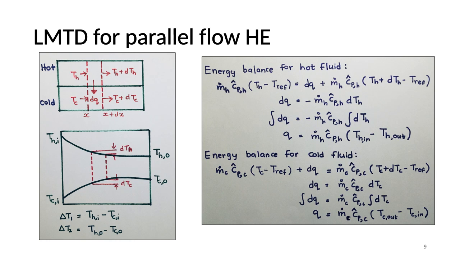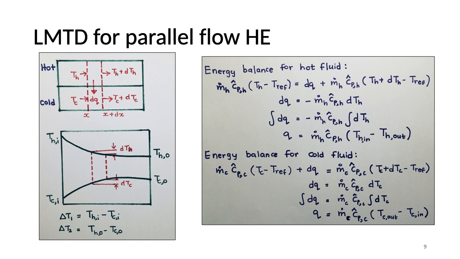dq is the heat transferred from hot fluid to cold fluid within the selected section. And we assume the temperature of the hot fluid is changed by dTh amount when leaving the selected control volume. Tref is a reference temperature used to measure the enthalpy. We apply the energy balance for the hot fluid for the selected control volume.